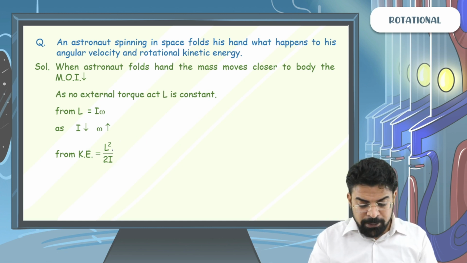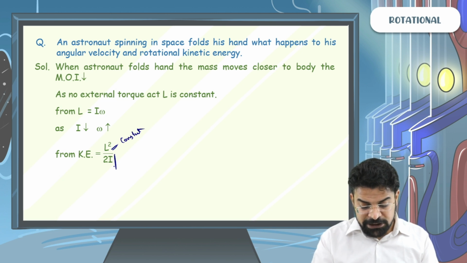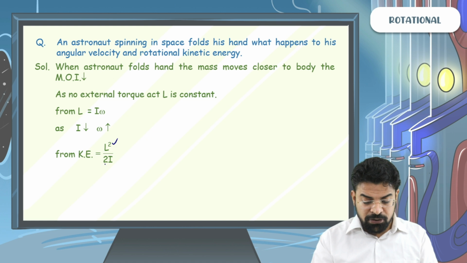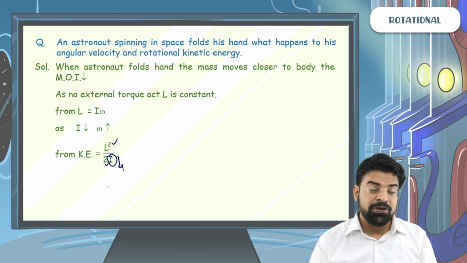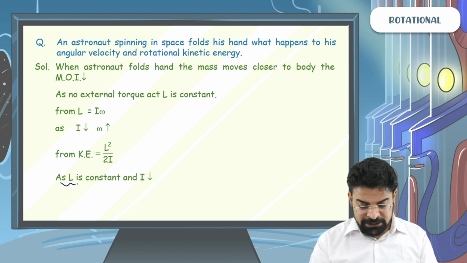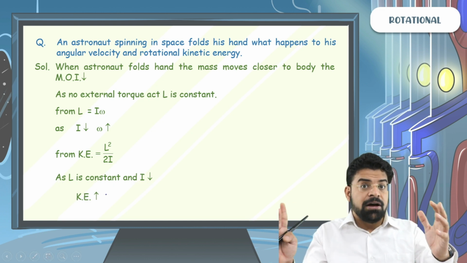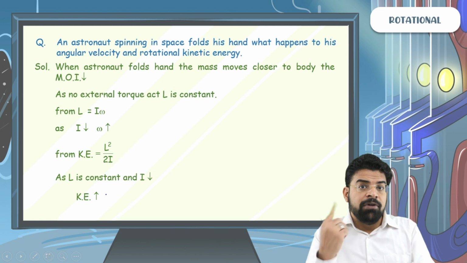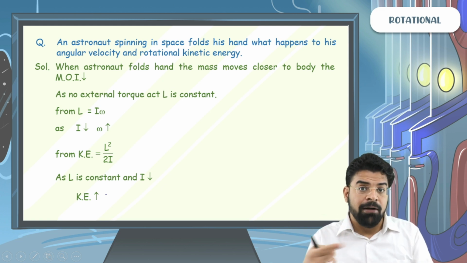So from L squared by 2I, L is constant but I decreases. Everything is constant, the denominator decreases, so you will say, sir, kinetic energy increases. So as L is constant and moment of inertia decreases, the kinetic energy of the astronaut will increase as the astronaut folds the hand, as well as the omega will increase.